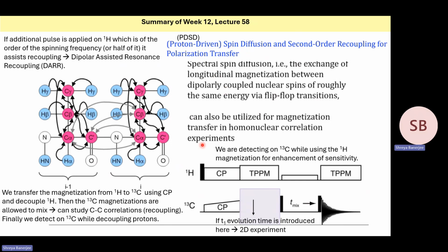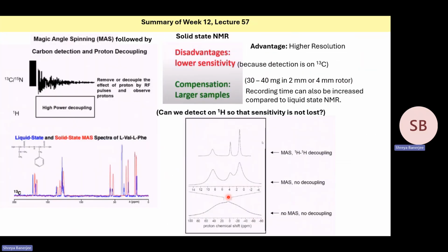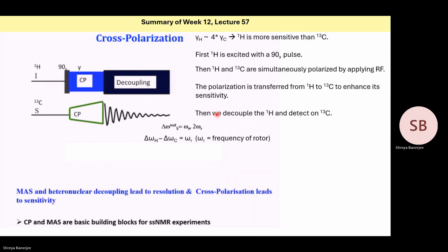Once more, I will discuss. Initially, a pi by 2 pulse is applied on 1H. During the cross polarization pulse sequence, the magnetization is transferred to 13C. Previously, you transferred to 13C and then immediately detected the FID while decoupling, when we had decoupled the heteronuclear dipolar coupling.